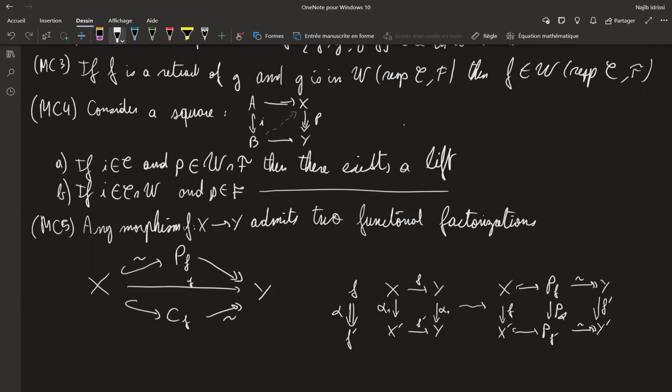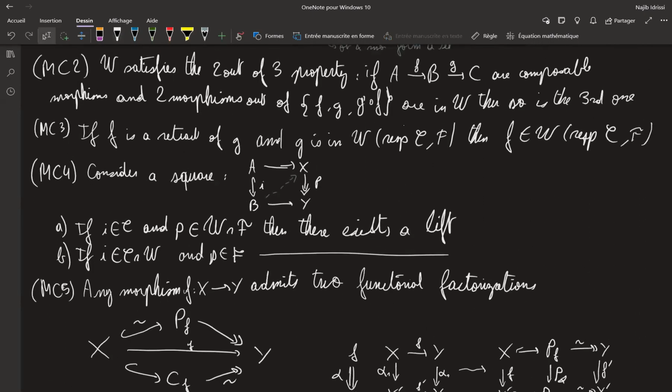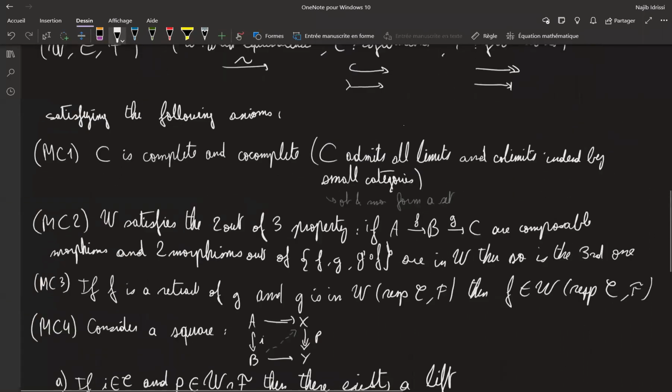Okay, so any other questions about this definition? Let me just mention, I already said that historically people at the beginning didn't ask for factorization to be functorial, but now they do almost all the time.